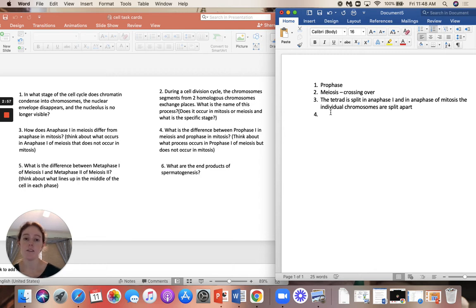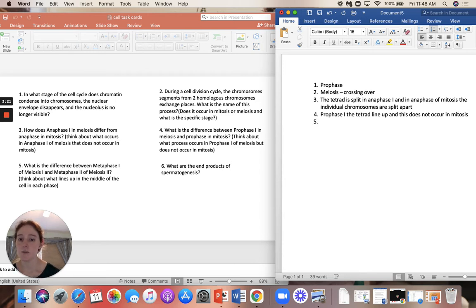That's just whenever the chromosomes become visible. Prophase 1, the tetrad, which is the homologous chromosomes, line up. This does not occur in mitosis.